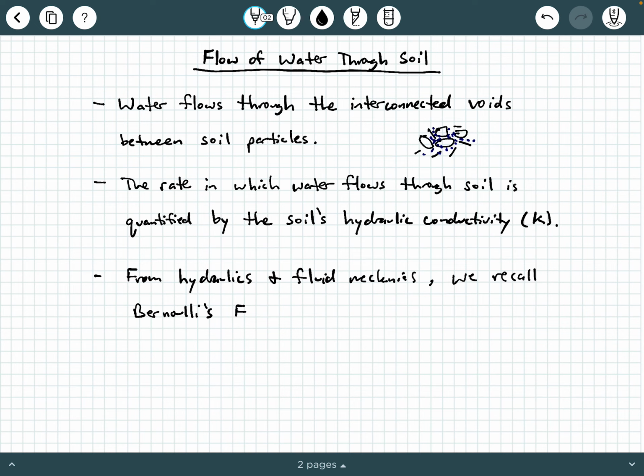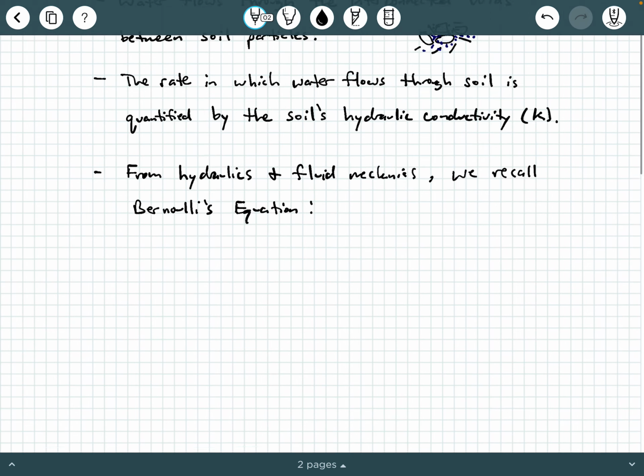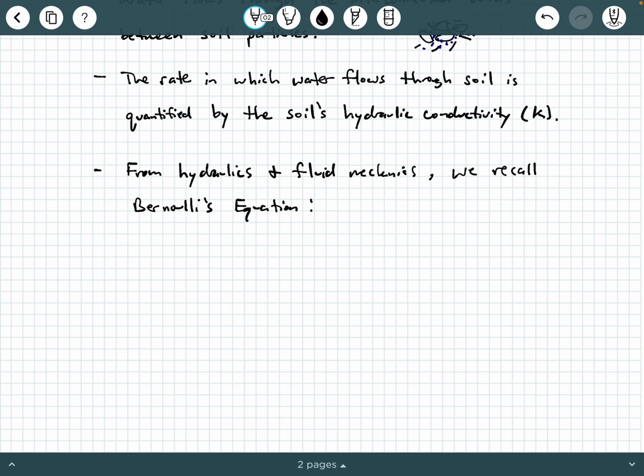Now, what is Bernoulli's equation from our previous knowledge of hydraulics or fluid mechanics? Well, Bernoulli says that our total head, which we can call H, is computed by the following. Total head is equal to pressure head plus velocity head plus elevation head.